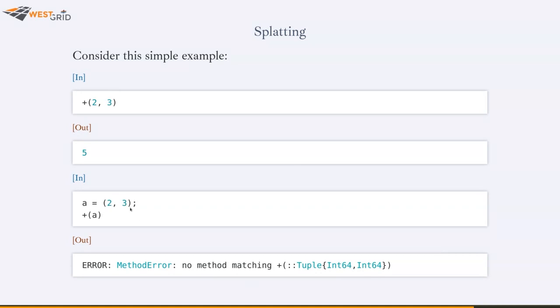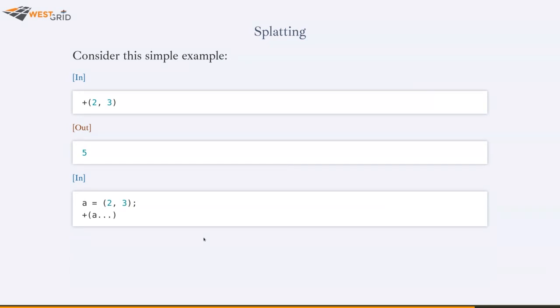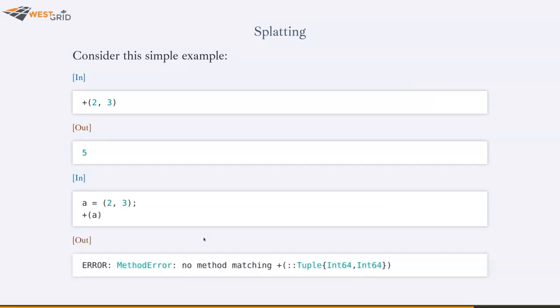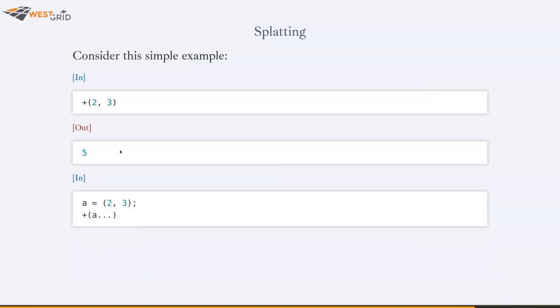List is not the proper word. I'm not a computer scientist, so I'm not sure what the exact definition of a tuple is, but it requires a set of elements, not a single element. It doesn't work in this case. But if instead of passing A to the function plus, you pass A followed by three dots, which is called splatting, then you get the proper output.